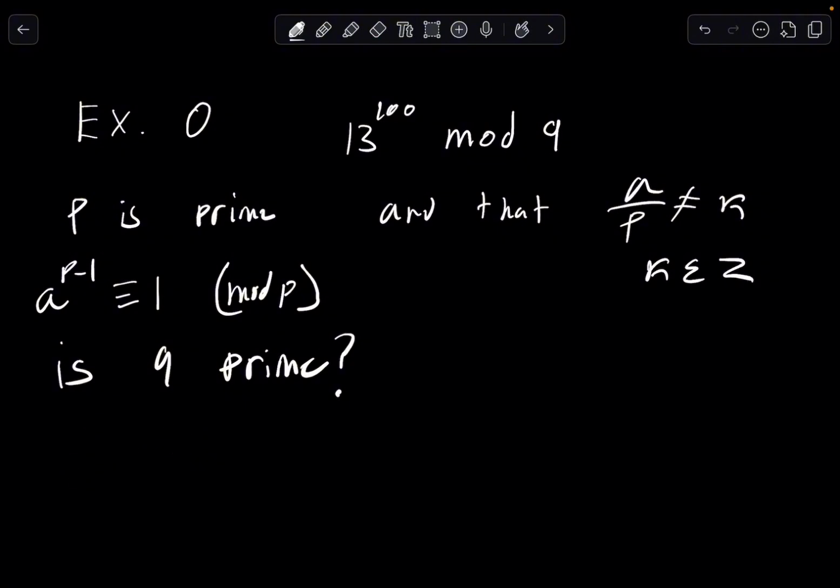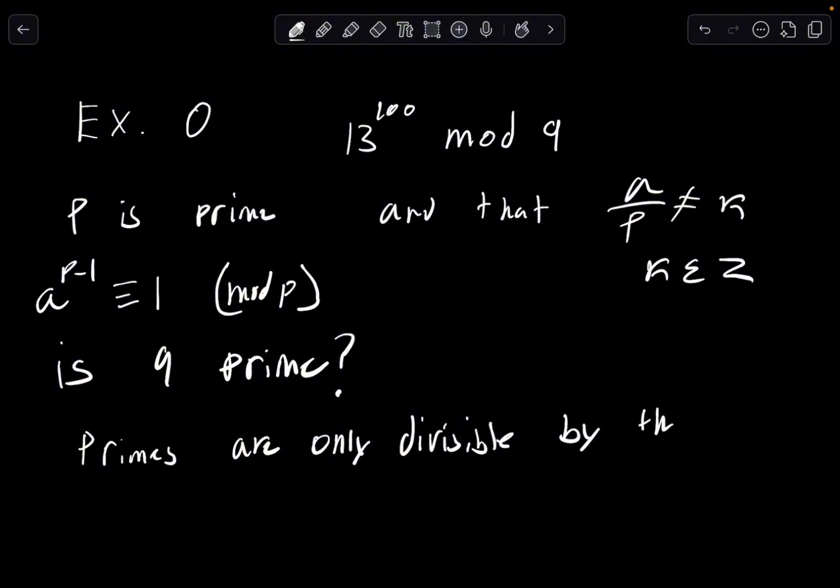And we know that a prime number is only divisible by itself and 1. So 7 is divisible by 1 and 7, and that's it. 9 is not prime, so we cannot use Fermat's little theorem here, and therefore we'd have to go about solving this in a different way.